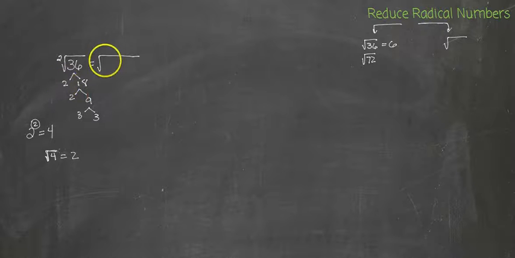I can write this as 2 squared, and 9 can be written as 3 squared. And you can almost see the relationship that the square root of 2 squared just makes sense to be 2, times the square root of 3 squared would be 3.